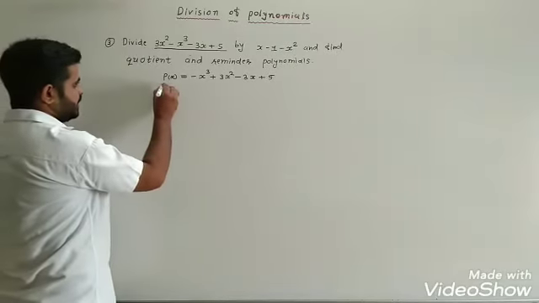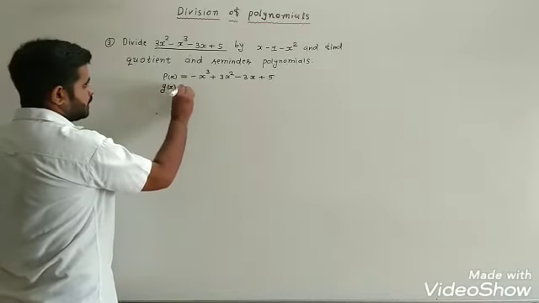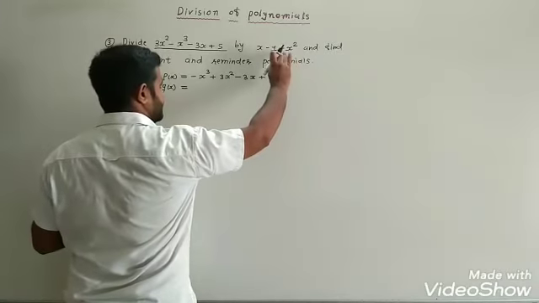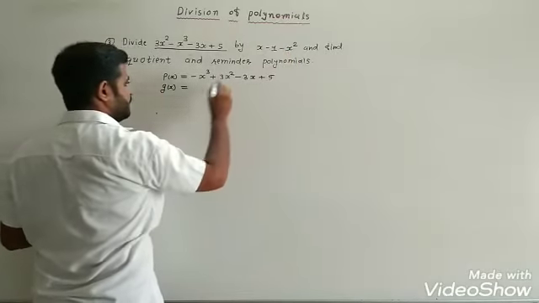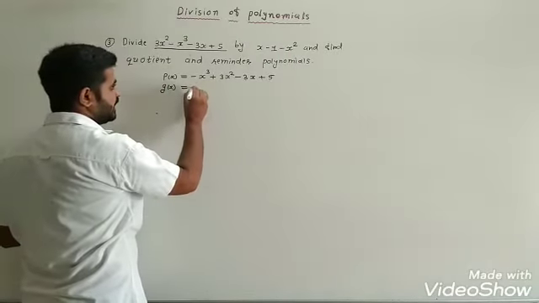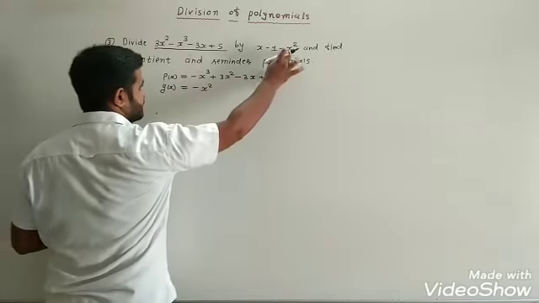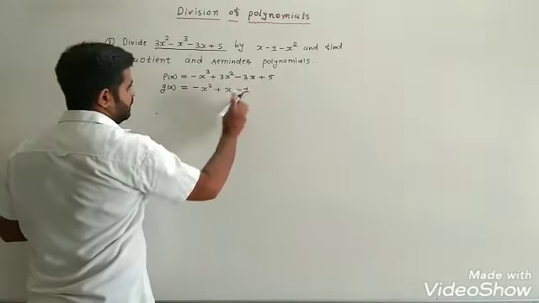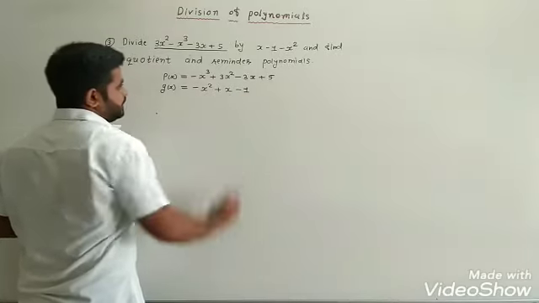Now g of x is x minus 1 minus x square, but we have to rearrange this in descending order according to the power. So we have minus x square first, then plus x and then minus 1. Clear?